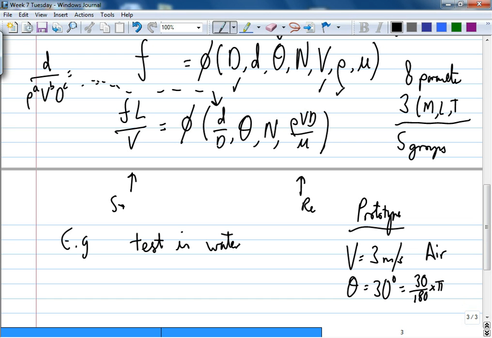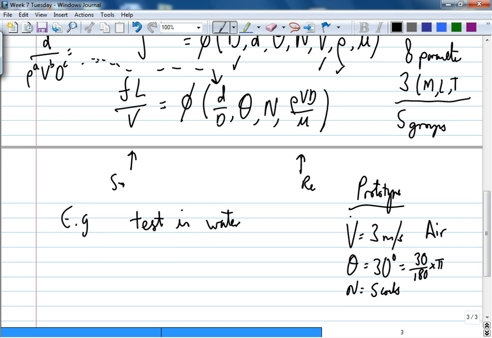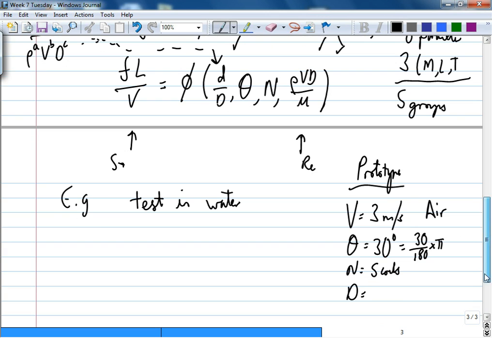Radians. And maybe 5 coils. And big D is maybe 1 meter. Small d is maybe 0.05 meter. So these are the prototype dimensions that you want to design.